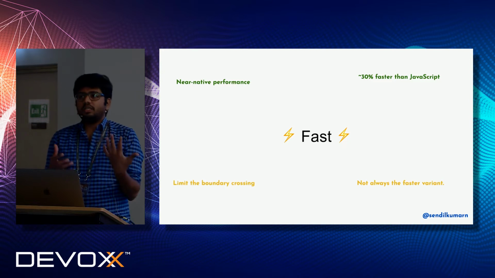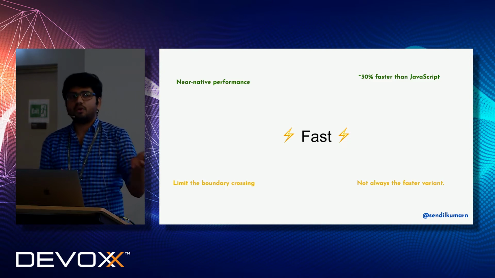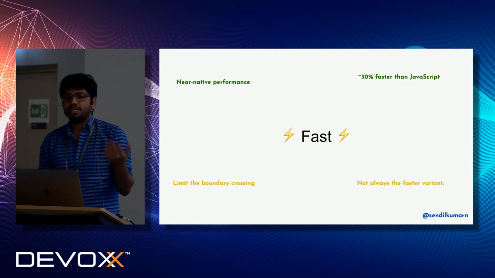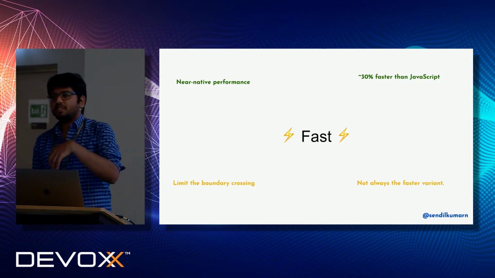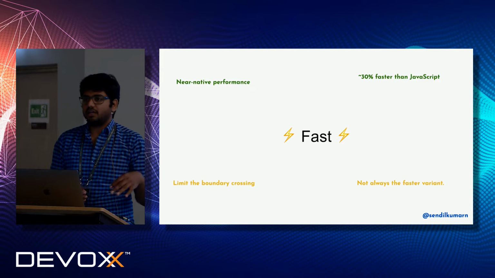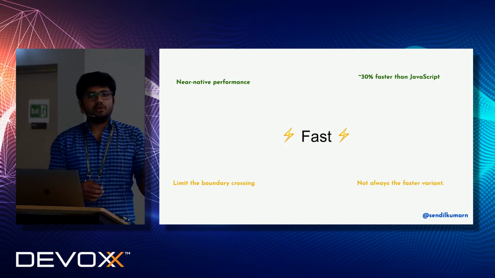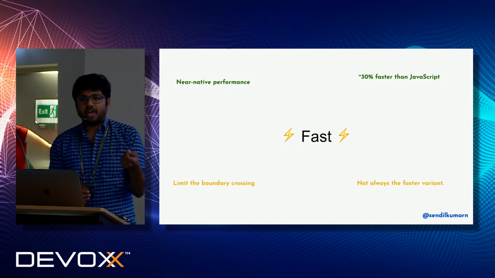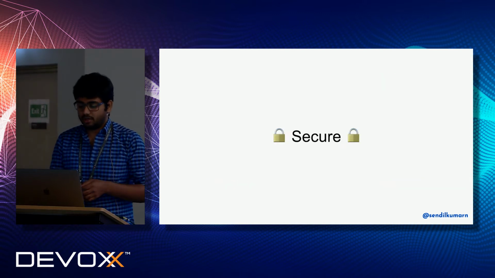So one cool thing that you have to do if you're going to use some WebAssembly is reduce the boundary crossing. Boundary crossing here means migrating data from JavaScript land into the WebAssembly land. You have to limit the number of times it goes over the boundary, because when it goes over the boundary, it has to recreate everything, which takes a bit of time. That reduces the performance. So these are the two gotchas that you have to watch out for.